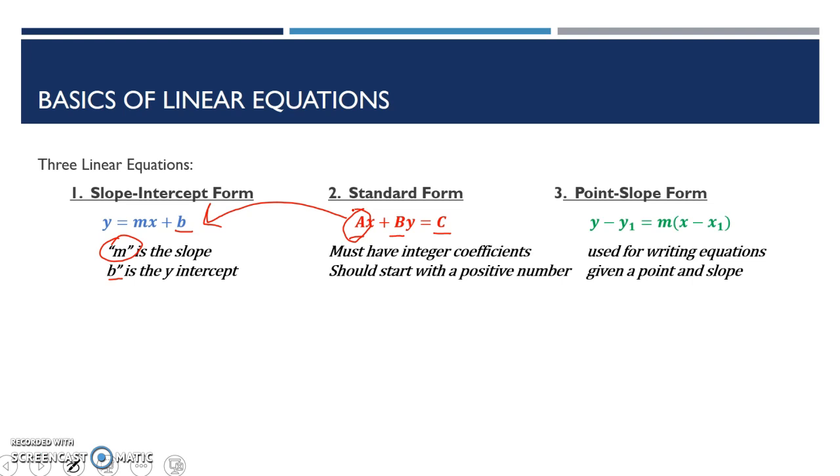And then point-slope form is really not needed. It's kind of a nice way to write an equation if you're given a point and a slope. But you really don't need to know that formula because you can just use slope-intercept form and plug the numbers into slope-intercept form and find your slope and your y-intercept.